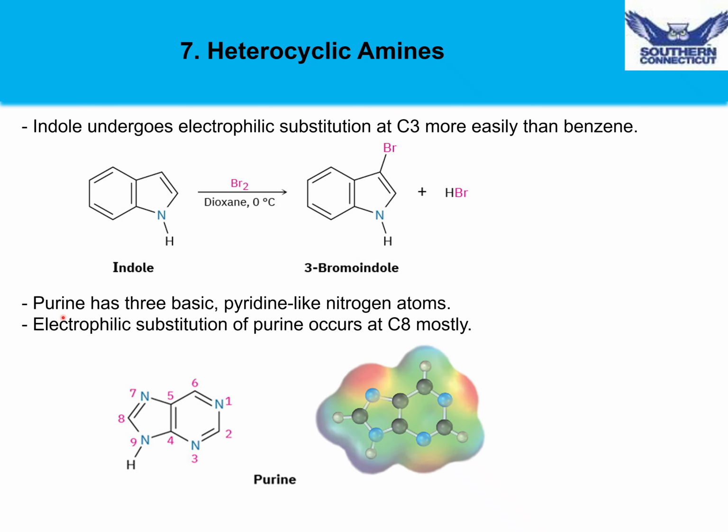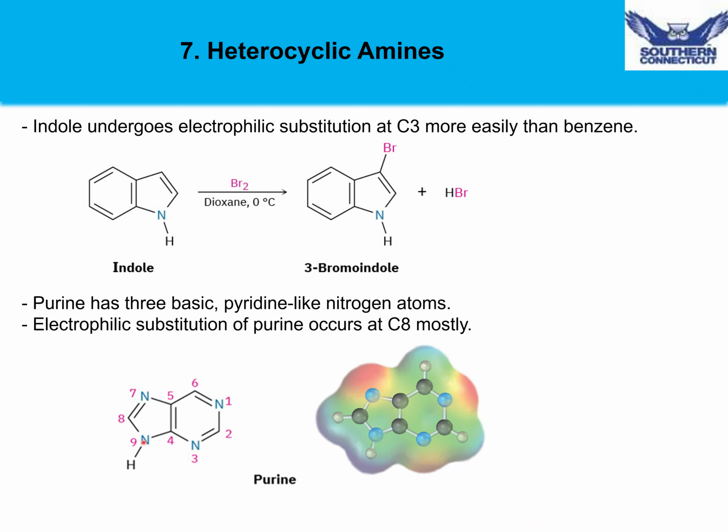Purine has 3 basic pyridine-like nitrogens. Those would be the nitrogens at position 7, 1, and 3. These nitrogens can react with acid pretty freely. However, the nitrogen at position 9 is more like the nitrogen in indole and pyrrole, which are required to complete the aromaticity of the ring, in this case for indole, as well as for purine.